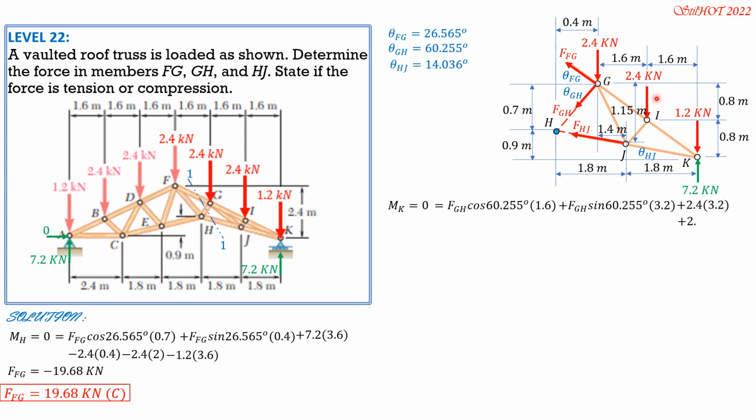Then lastly plus 2.4 times 1.6. So we only have FGH as unknown in this equation. So it's again negative after we transpose this constant to the left. Using your calculator, FGH is equal to negative 3.225 kilonewtons. So FGH is 3.225 kilonewtons compression.